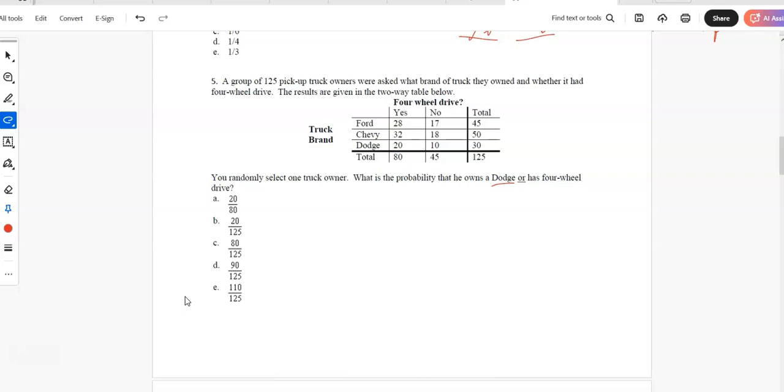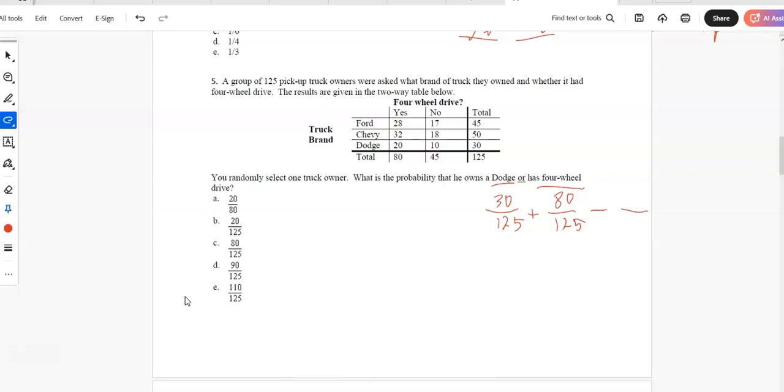One's a Dodge or has 4 wheels. So Dodge, what's the probability of that? That would be Dodge is 30 out of 125. And 4-wheel drive is 80 out of 125. So I'm going to add those together, but I'm going to subtract the overlap.